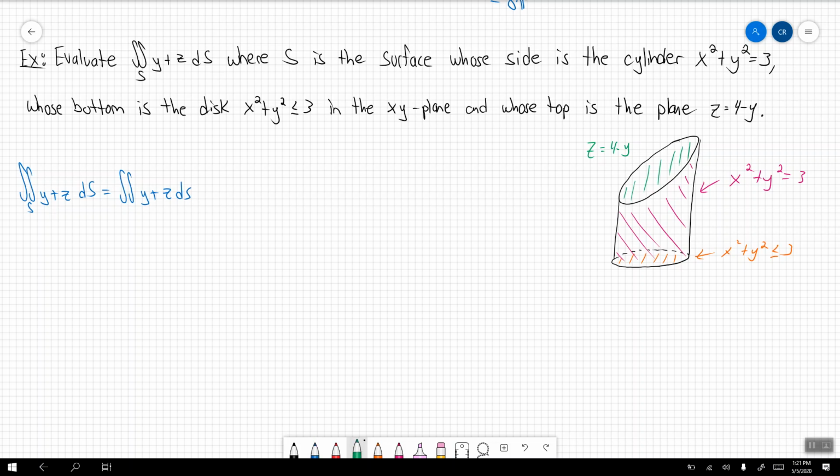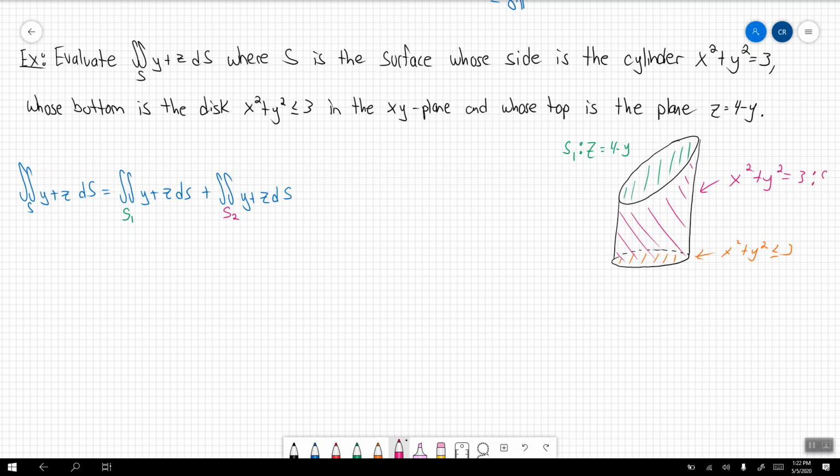Let's say surface 1 is going to be classified as that top part of the plane. And then we're going to add this to a second surface integral, which in our case is the body of the cylinder. I'm going to call that surface 2.